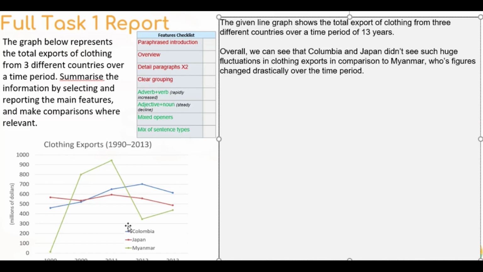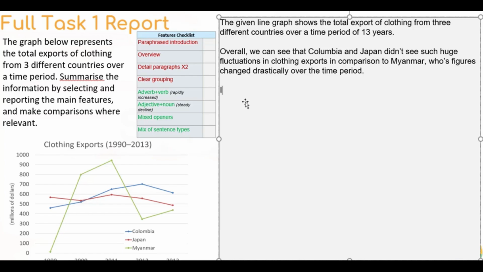So from the plan, you remember that I grouped Group 1 as 1990, 2000 and 2011. So in my first detailed paragraph, I'll be explaining and describing the data from the three countries over these first 3 years.